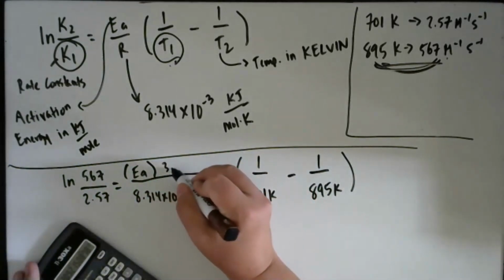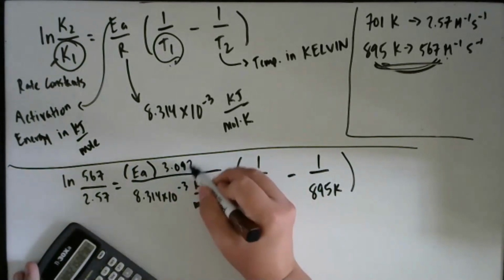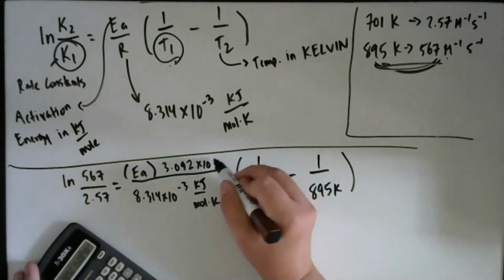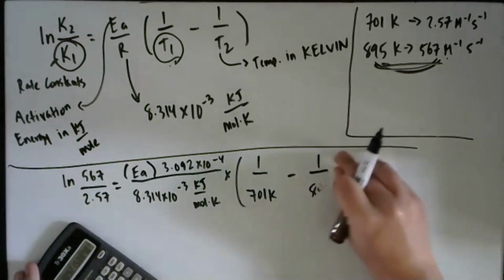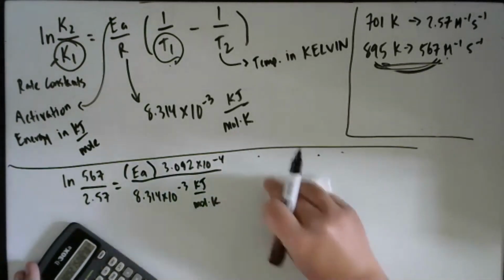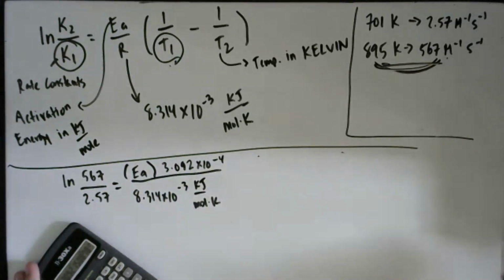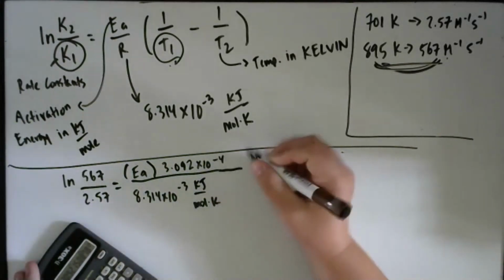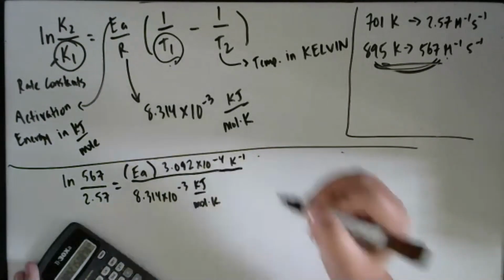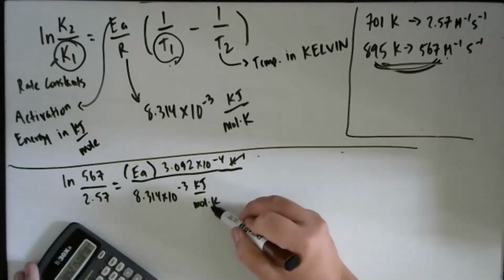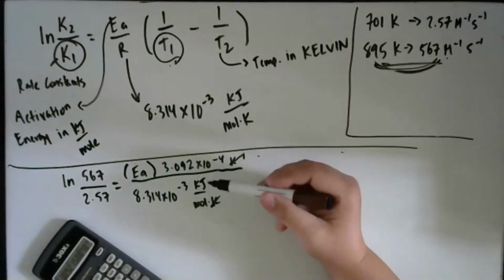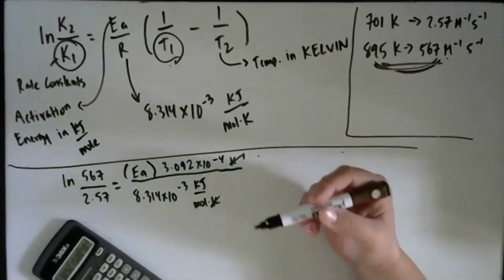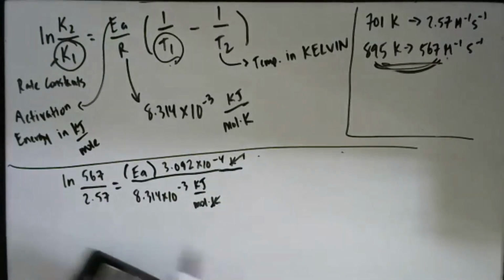So it's going to be 3.092 times 10 to the negative 4. I can erase that part. And it's going to be inverse Kelvin, so you see these little Kelvins are going to cancel out. When you write it out like this, I think that your next step becomes clear.